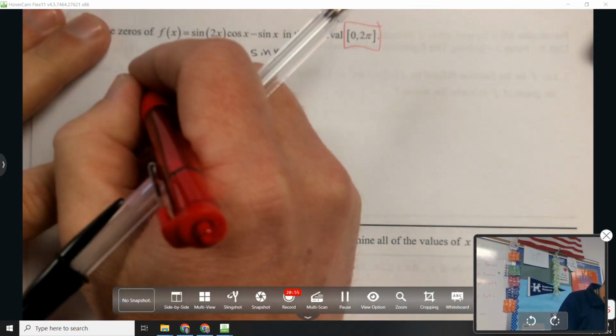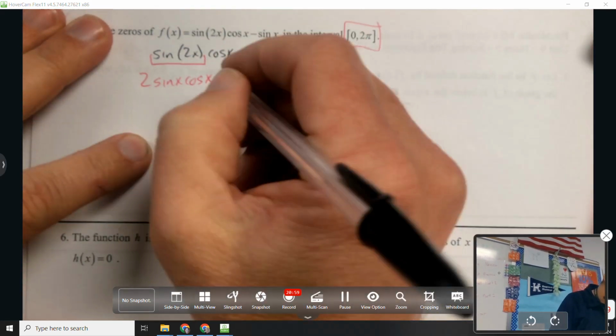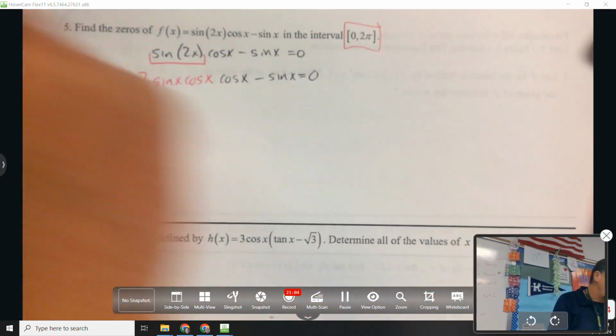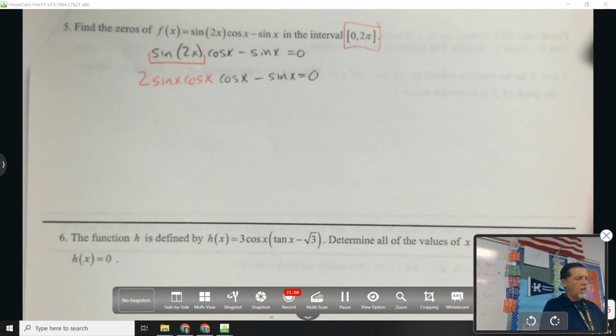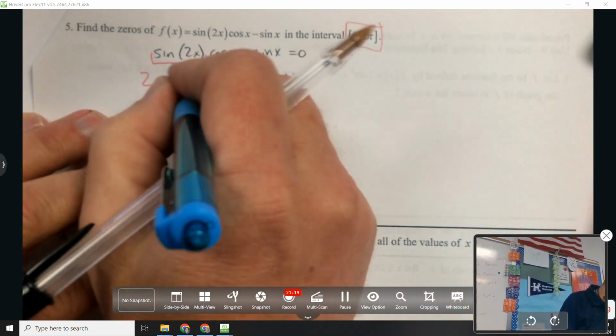In place of sine of 2x goes 2 sine x cosine x. Let's see, how many steps do we want to skip at once here? The correct answer is all of them.